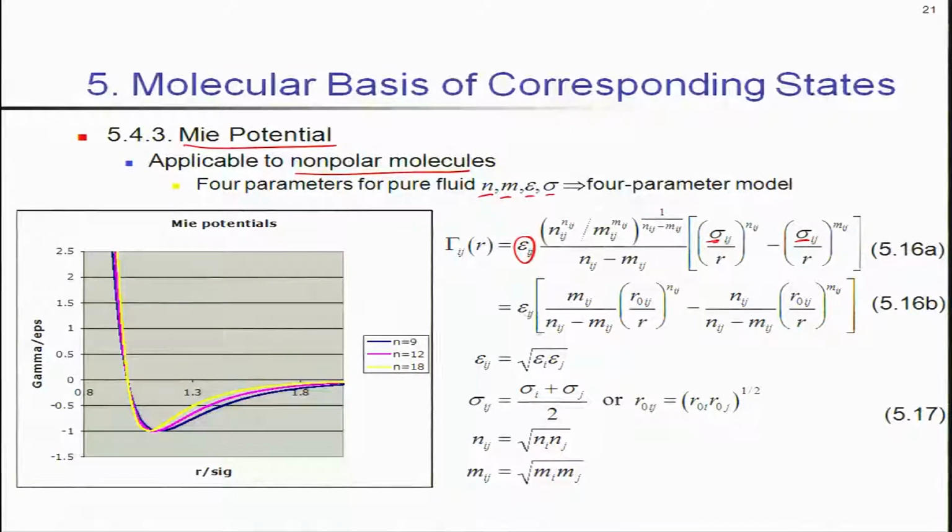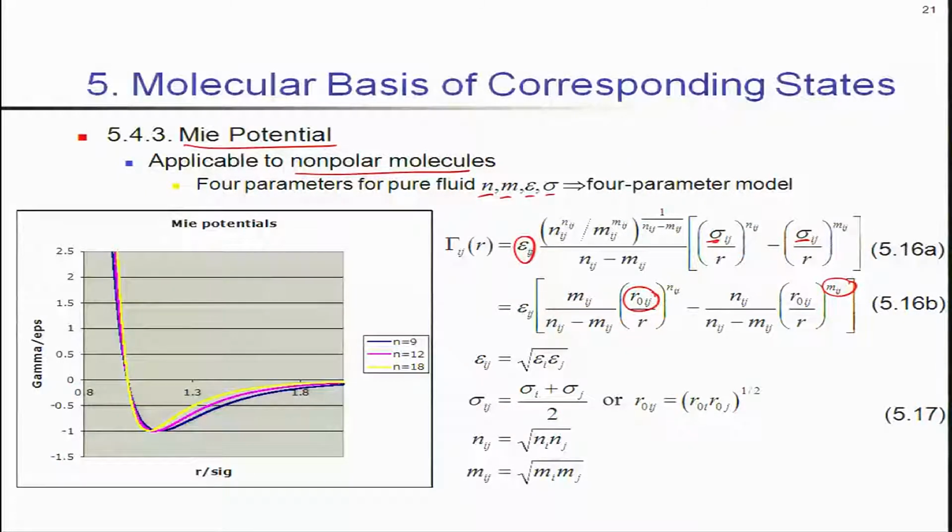So, this can be rewritten in this form: epsilon ij, m ij, n ij minus m ij, and r0 ij divided by r to the power n ij, and n ij minus m ij, and this is again in terms of m ij.